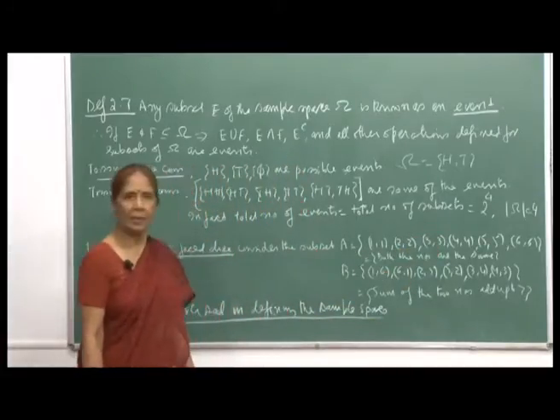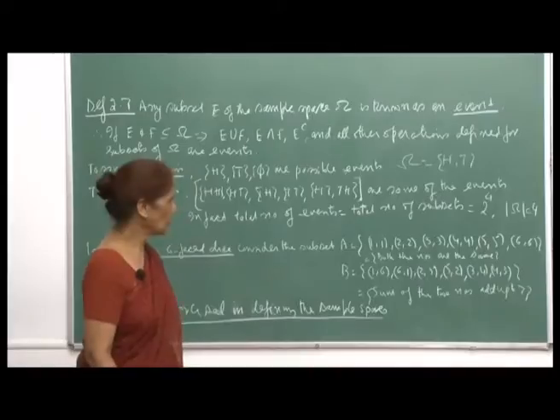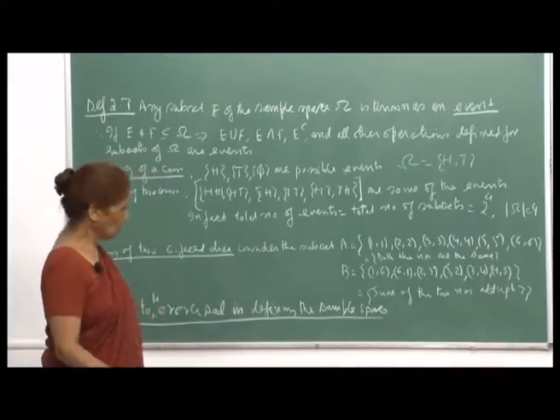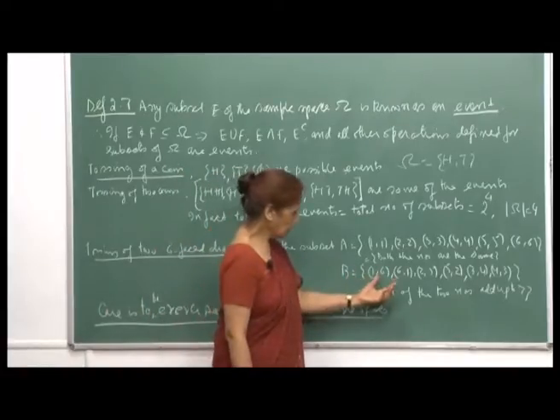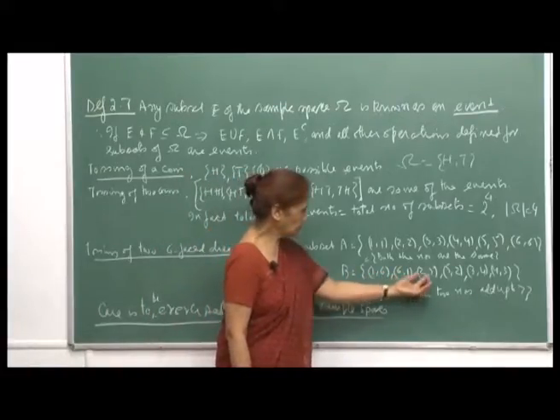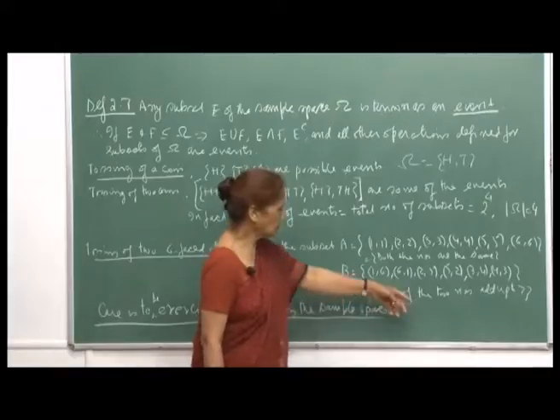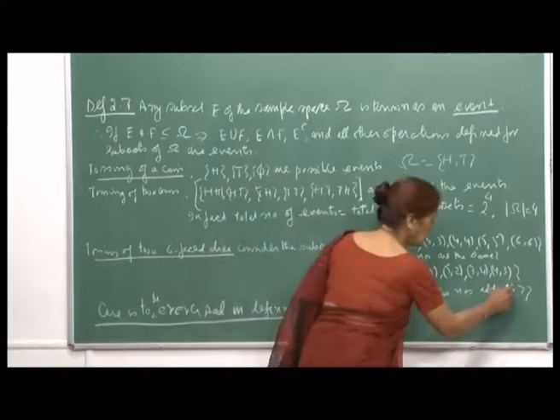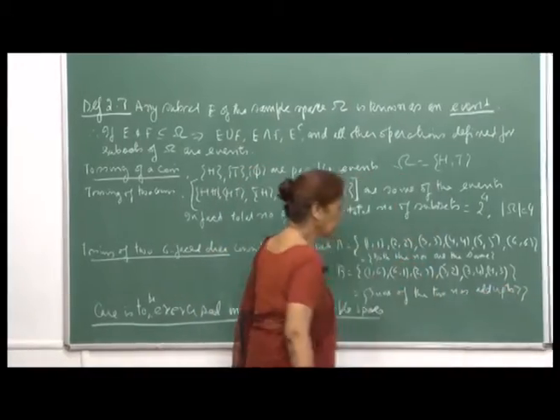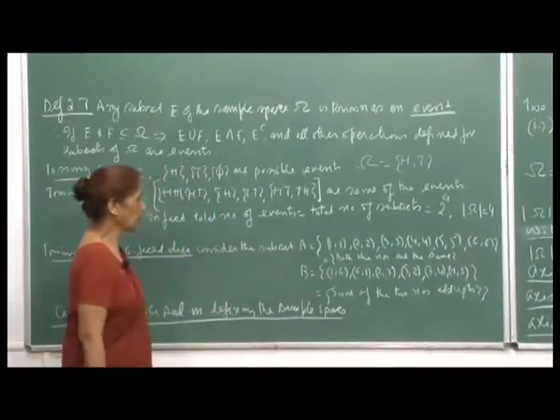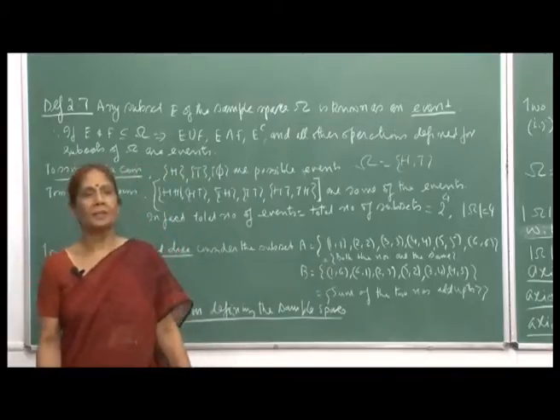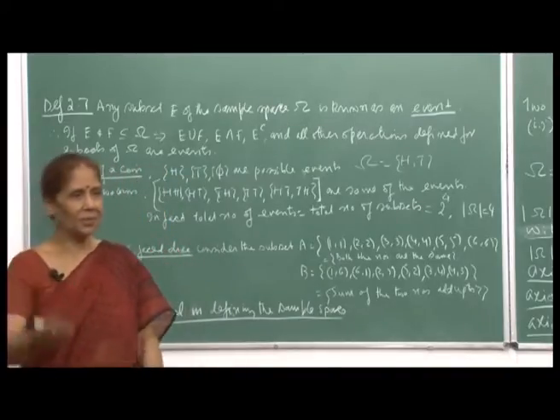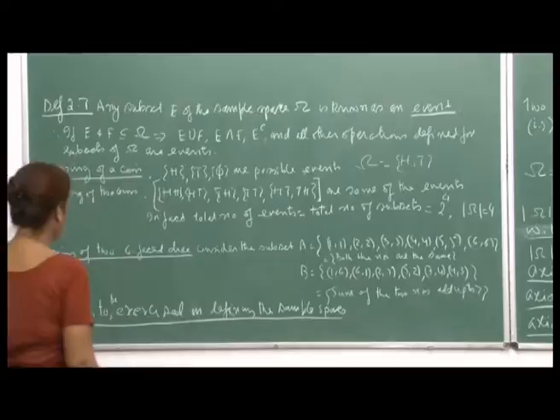So, this will be one event, and you can also describe it in words: both the numbers are the same. And B, for example, I have listed pairs where the 2 numbers add up to 7. So, the sum of the 2 numbers is 7, and this way you can go on. In fact, here the number of subsets will be very large, because omega itself contains 36 pairs.